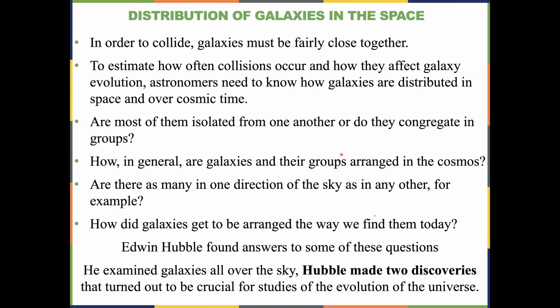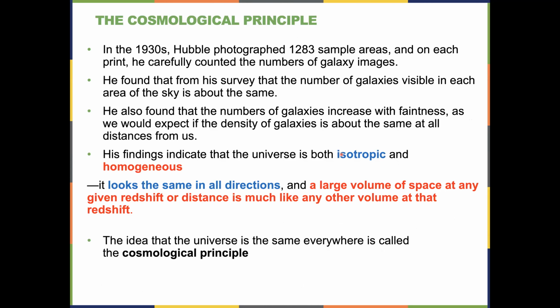Now, again, the astronomer Edwin Hubble, who introduced Hubble's law, found some answers to these questions. We can talk about it in a very simple way: he examined galaxies all over the sky, right? In 1930, he photographed around 1,283 sample areas, and on each print he carefully counted the number of galaxy images.